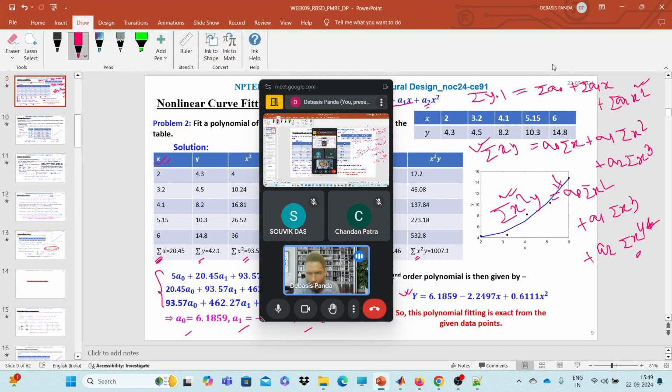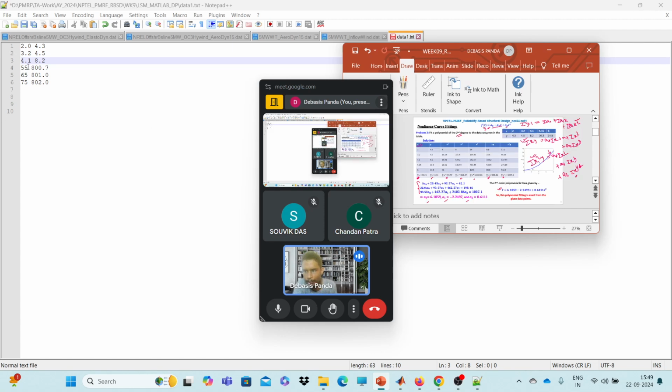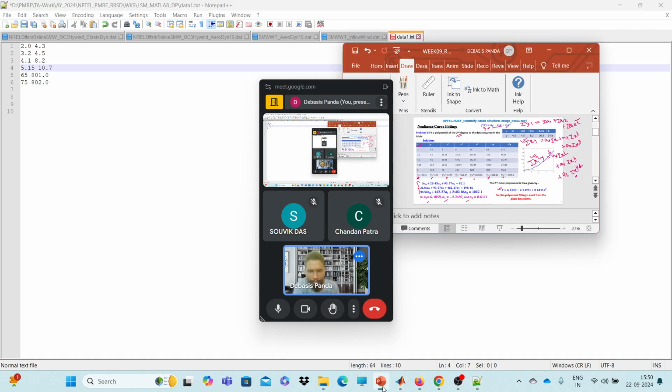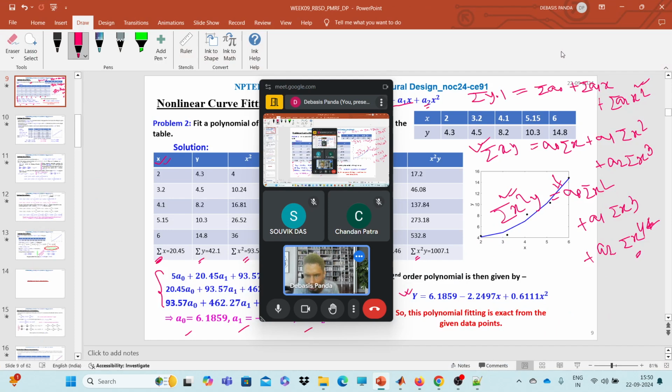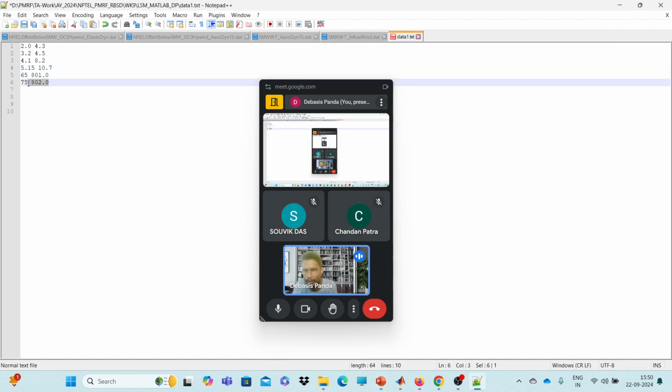Then we have 5.15, 10.3, and 6 and 14.4. So we only have 5 data sets, 6 and 14.